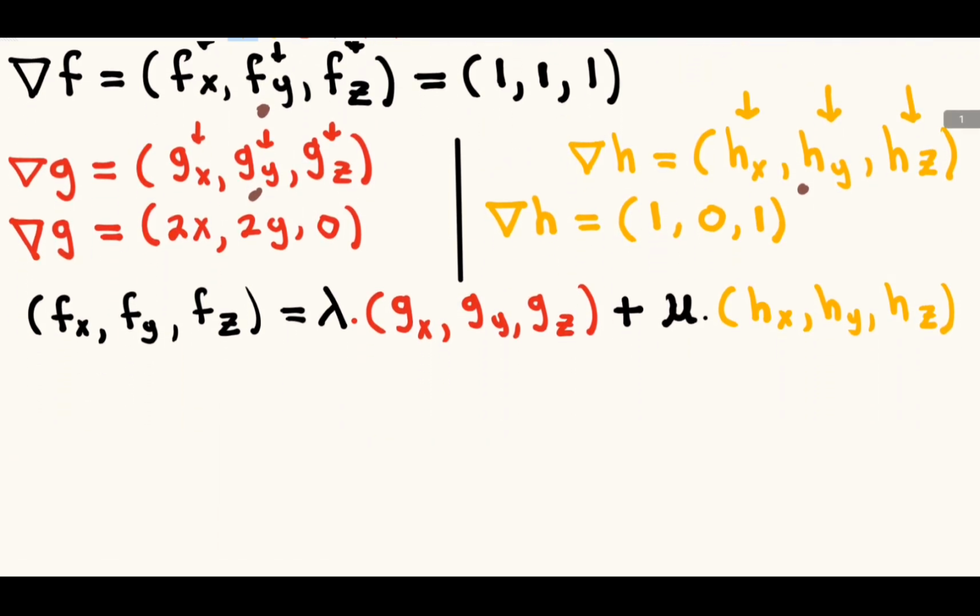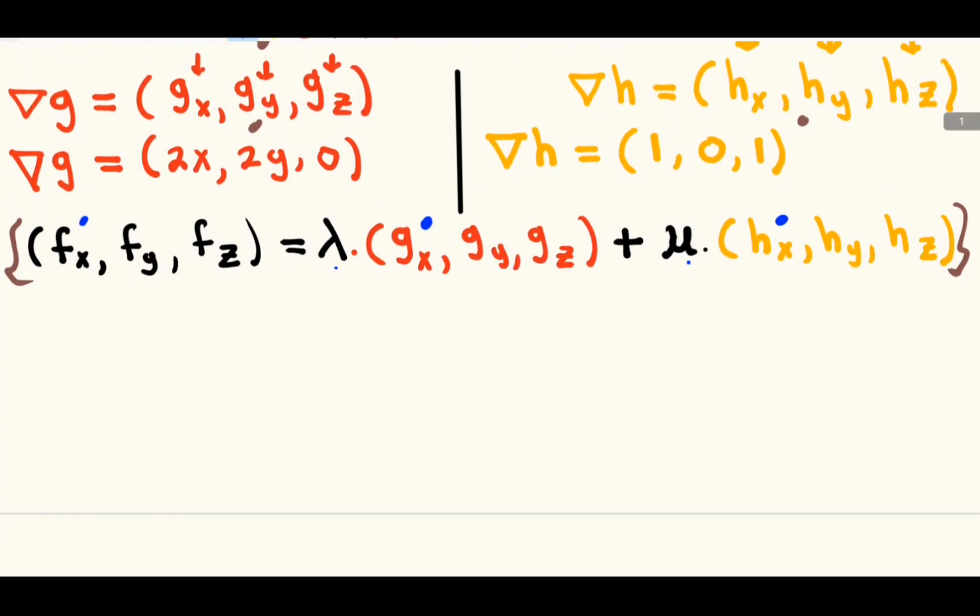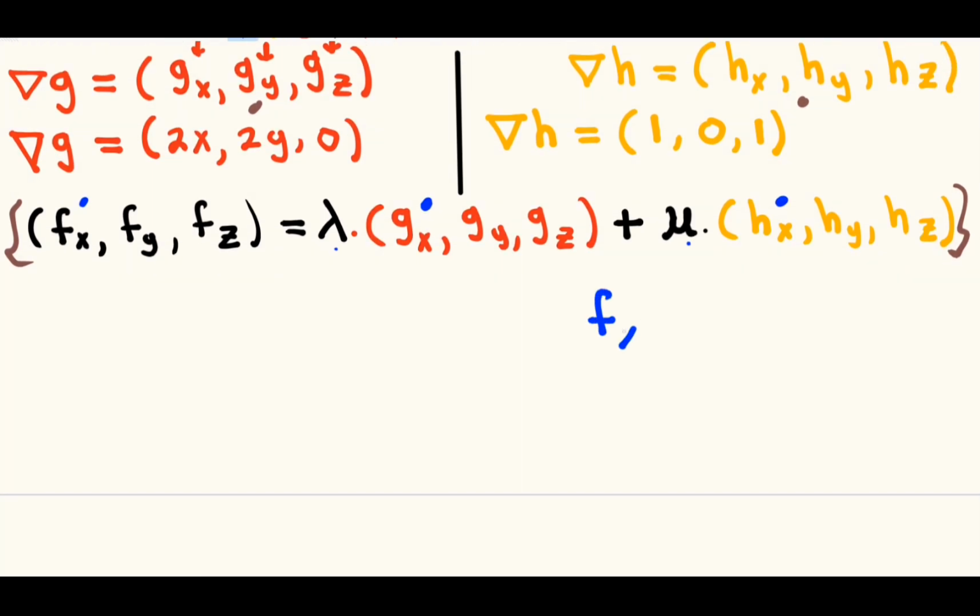From here we extract the component equations from that equation. We start with the x component. F subscript x will be equal to lambda multiplied by g subscript x plus mu multiplied by h subscript x.